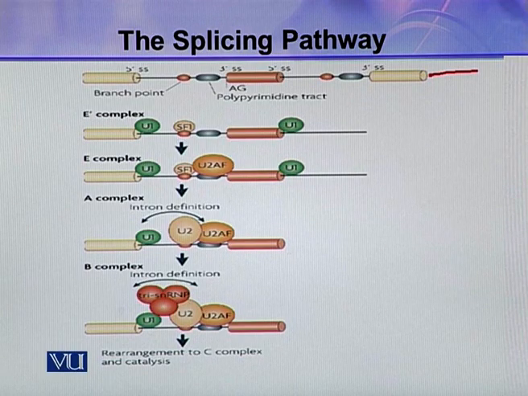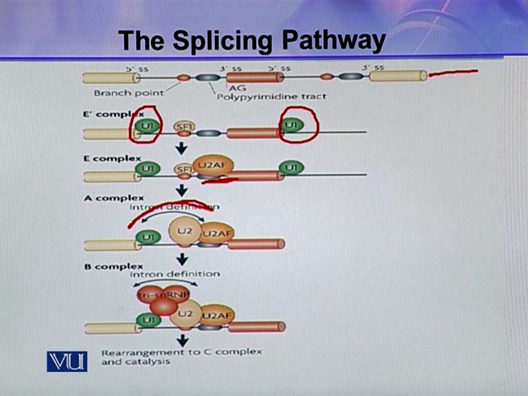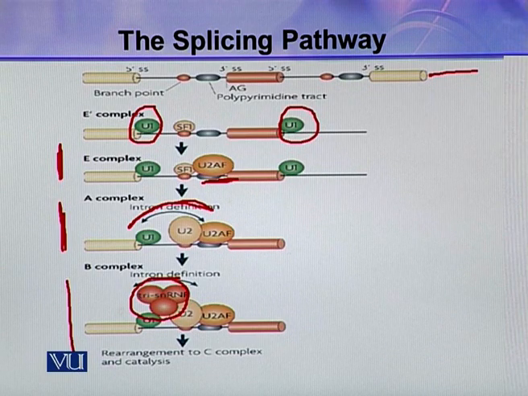So this is pre-mRNA. U1 attaches here, then U2AF comes in, and then there is a slight rearrangement, and then this E complex is formed, then this one is the A complex, and finally when the tri-SNRP comes, this becomes the B complex.